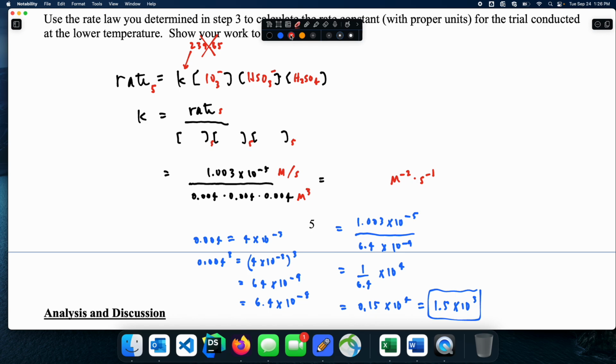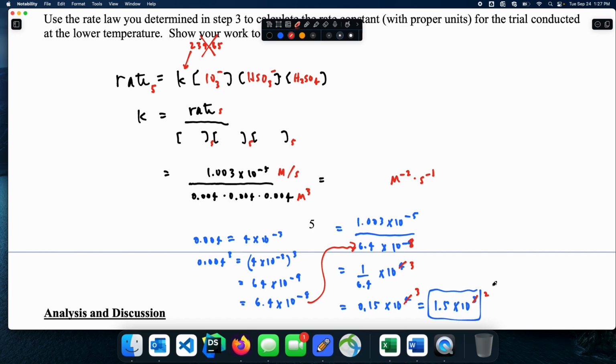That was my mistake right there. Times 10 to the minus 8, right? Okay, and so if that's true, this will be 10 to the 3, and this will be 10 to the 2, 150. Yeah, that makes sense. Because it had to be smaller than the other k, because it was colder.